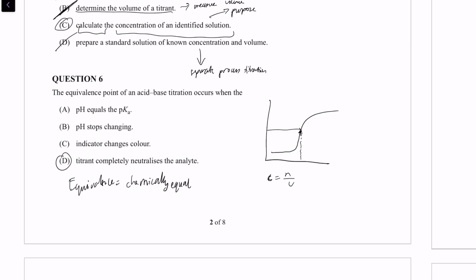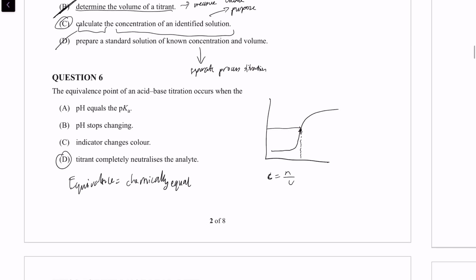So basically what that means is that 50% is acidic and 50% is basic, and they are caused by the titrant that we are trying to use to neutralize the analyte.